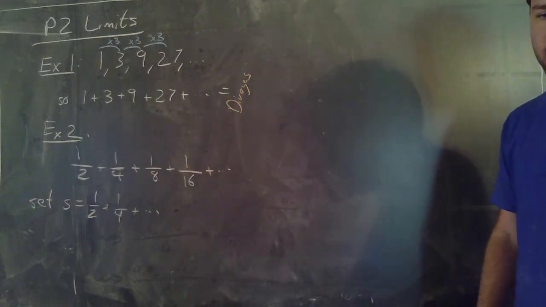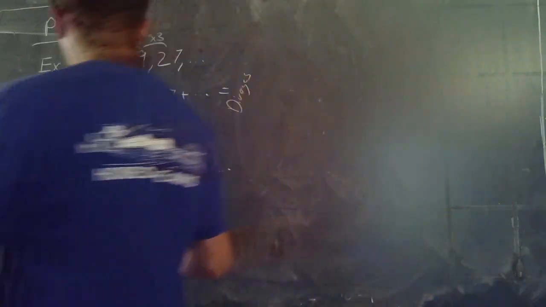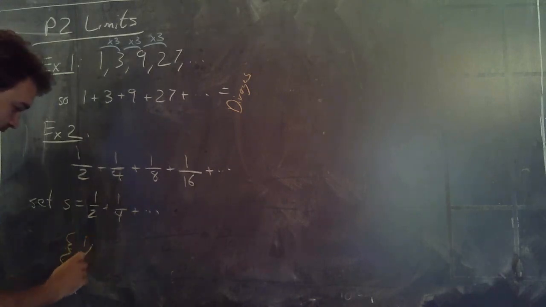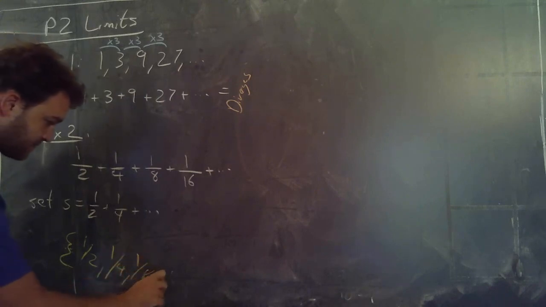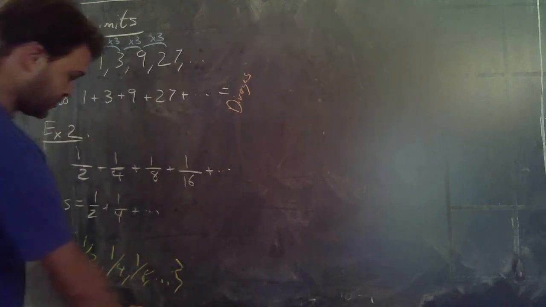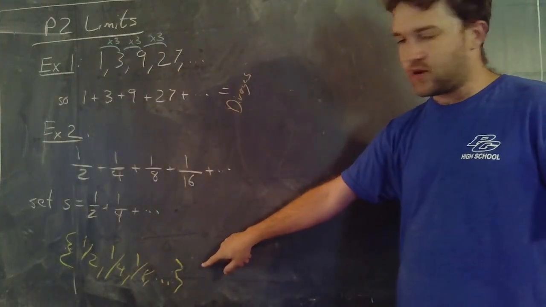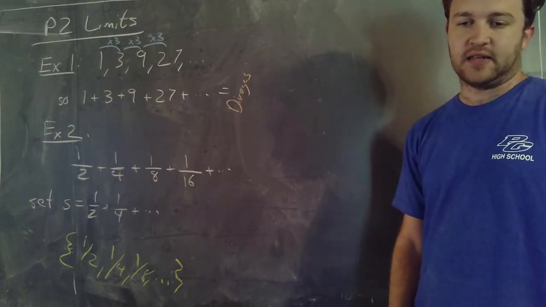Now you could choose to write the individual terms of this sequence if you wanted to, and we usually do that in a little brace or something of the like. Some people just list the terms. It depends on who you are and what your preferences are. But this series was constructed out of the sequence 1/2, 1/4, 1/8, 1/16, and so on.